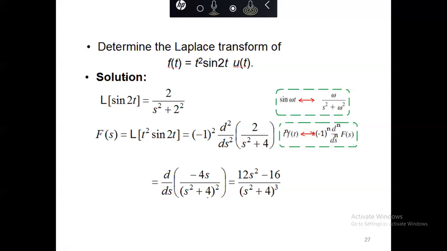So now we want the Laplace transform of t squared sine 2t.